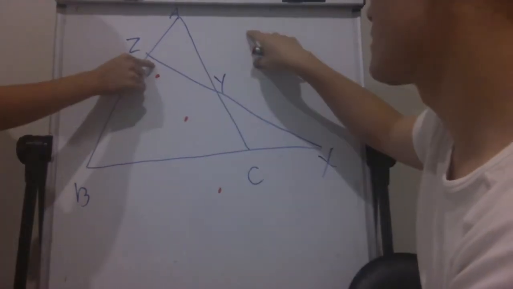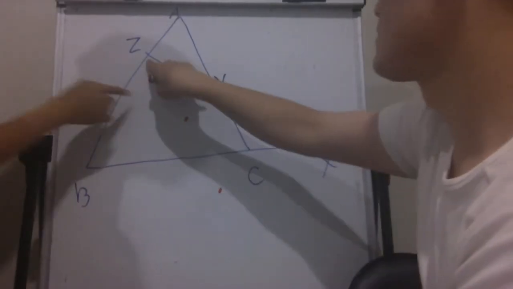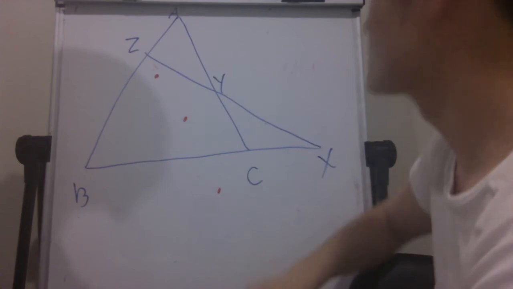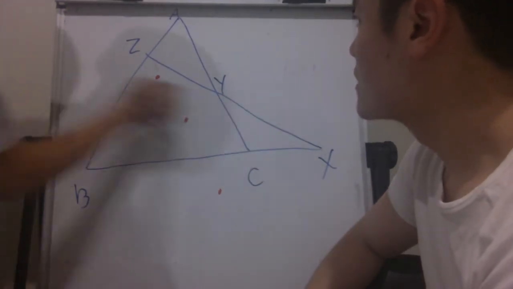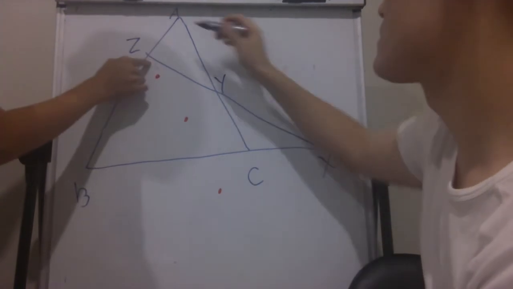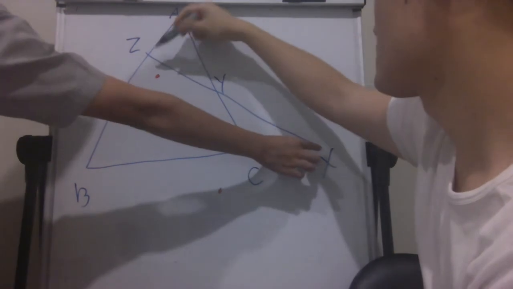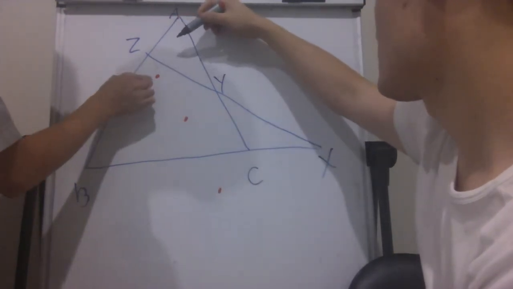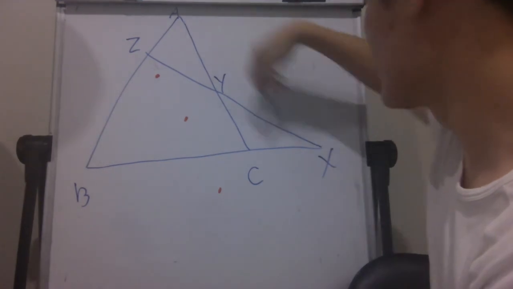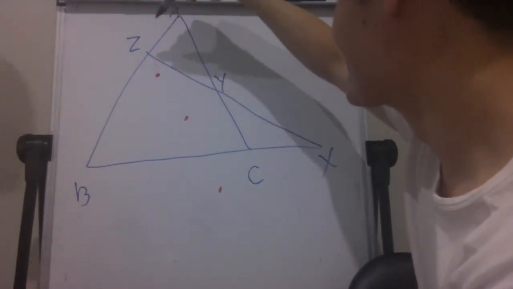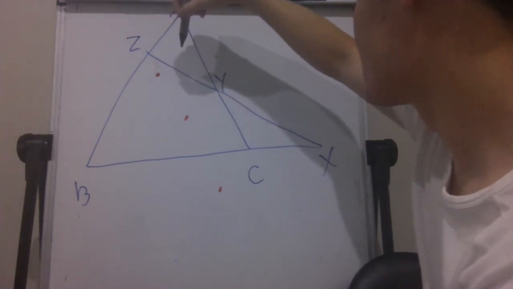That one is obtuse, so it's like here. Why is this one here then? Oh, I screwed it up.